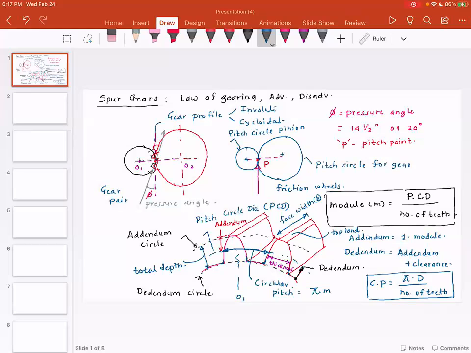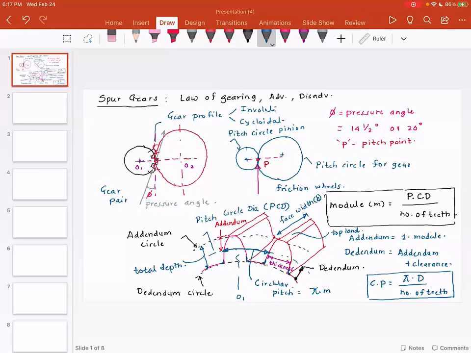So one thing that we have to understand is we can design for one criteria and check for the second criteria. Or we can design for the second criteria and check for the first criteria.